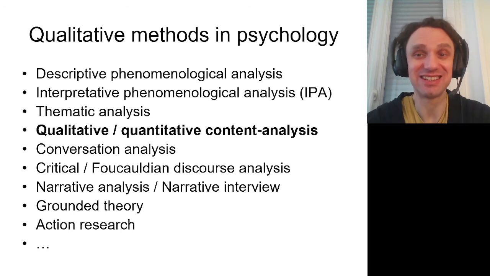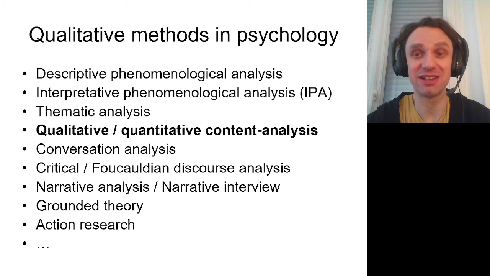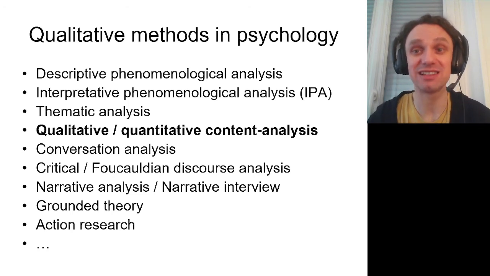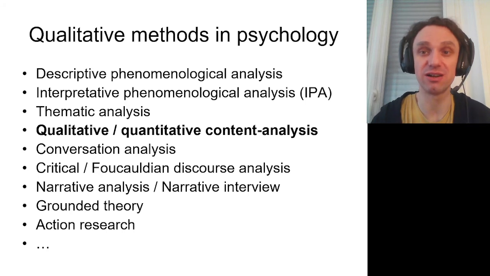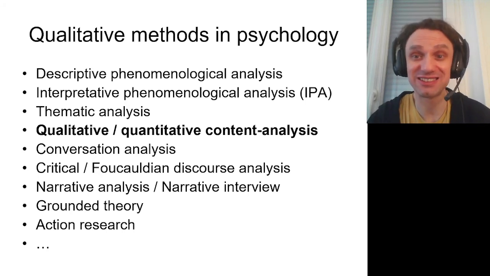Finally, the last most handy method is content analysis, which we use to extract some content from a large body of material. A large number of open-ended answers provided by participants. So, for example, in our studies, when we included open-ended questions into questionnaires online, sometimes we got 2,000 responses.